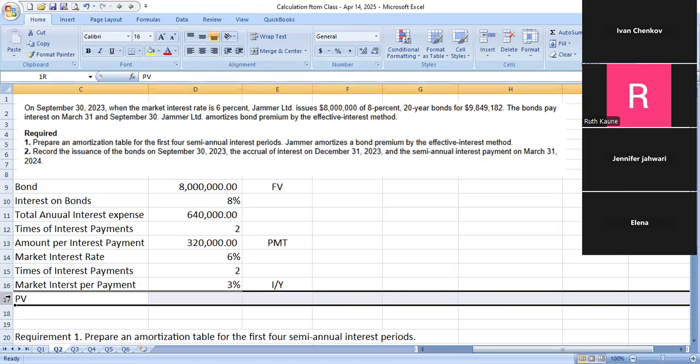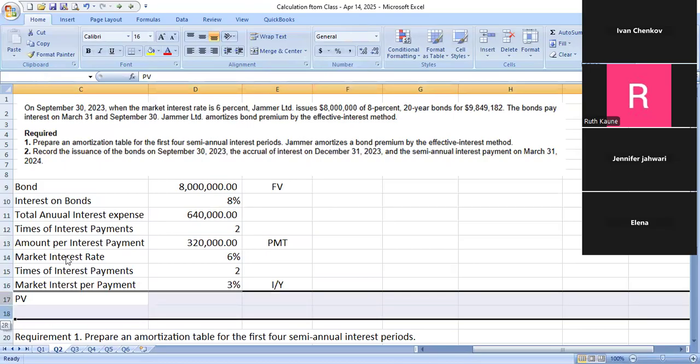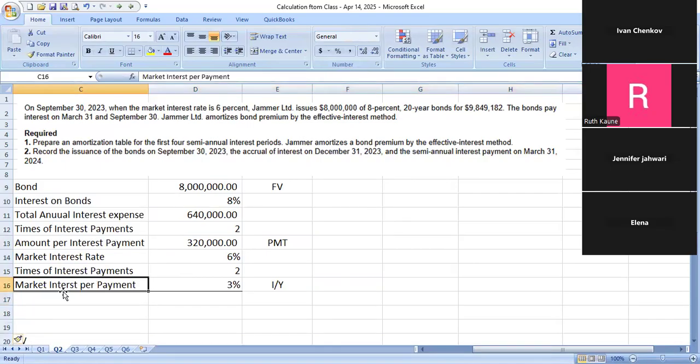So let's add some more lines here and get rid of this line. The last thing that we need is the payment periods, or years on bonds.